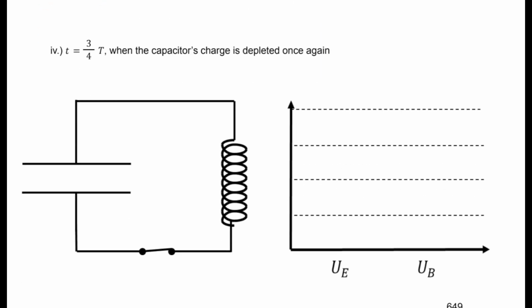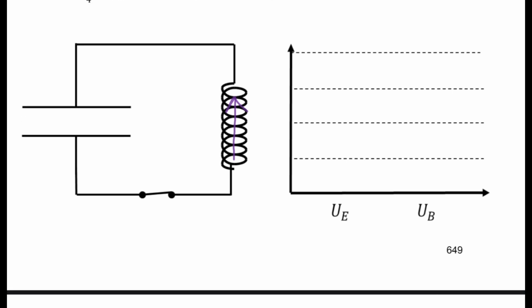Then a quarter cycle later, the capacitor is going to discharge, and this time the current will also reverse direction. So the current will continue to increase through this inductor as the charge is depleted from the capacitor. So once again, we do get a sort of bar magnet looking field here near the inductor.